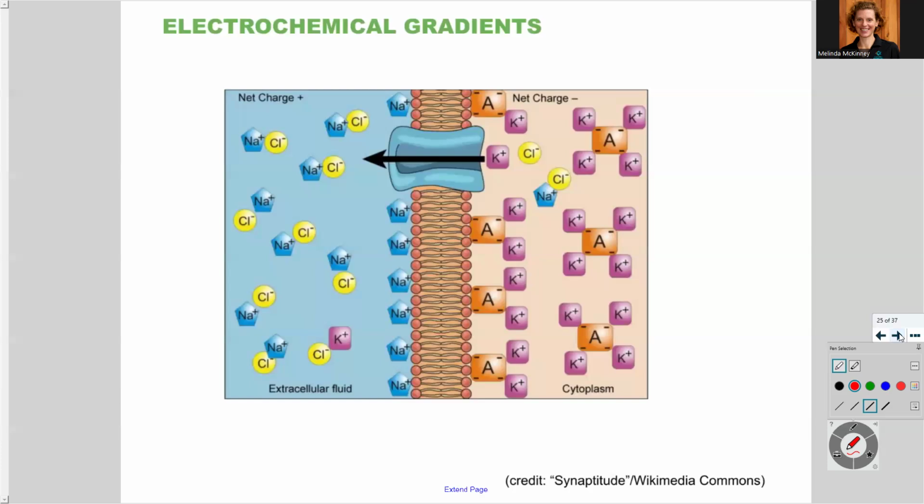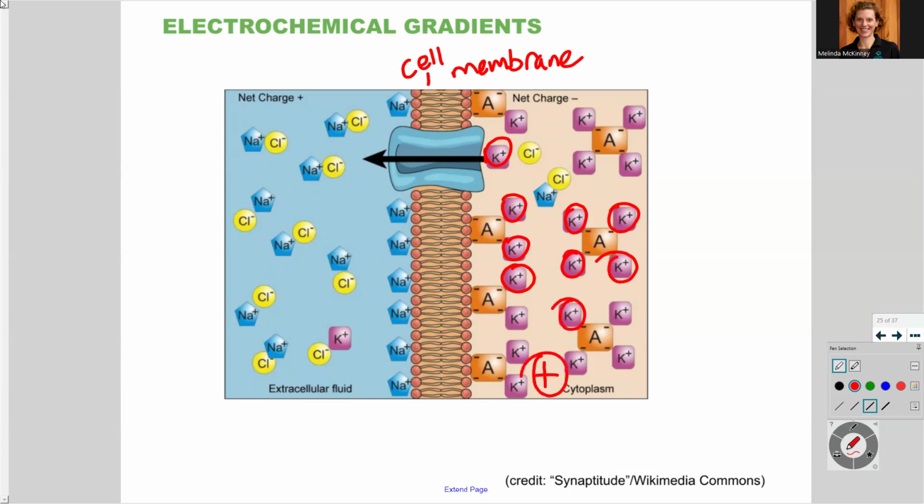Electrochemical gradients. Here's my cell membrane. Now, if the molecules that we're talking about are ions, they're charged. So say over here on the right, these are all positive charges. So there's a whole bunch over here that's positive. That's going to lead to a voltage over here that's relatively higher compared to the voltage, say, over here.